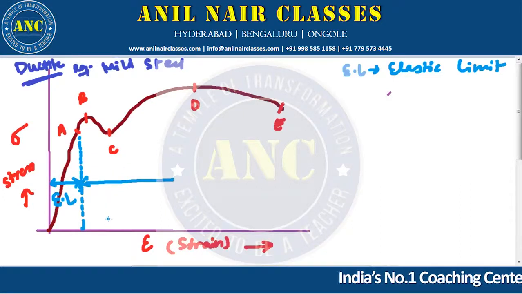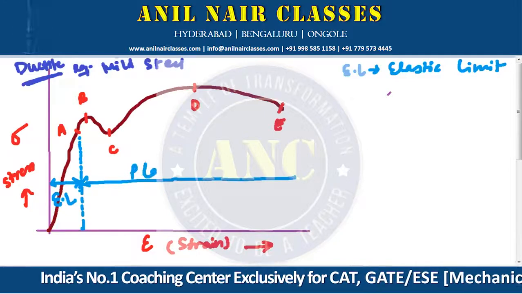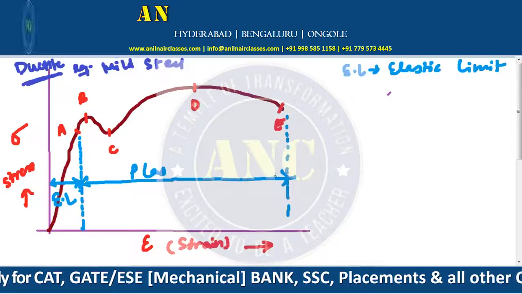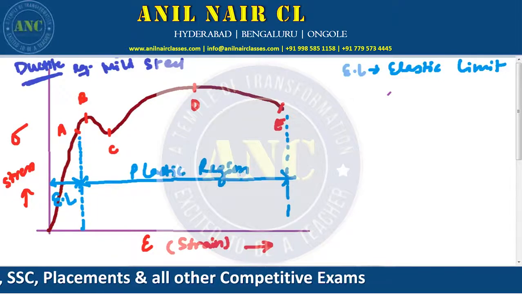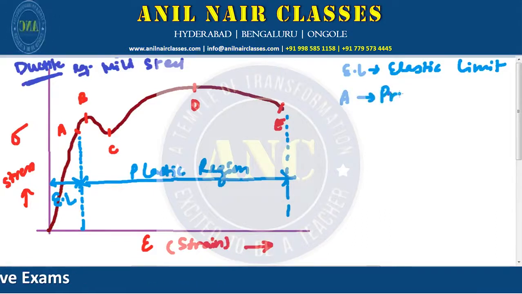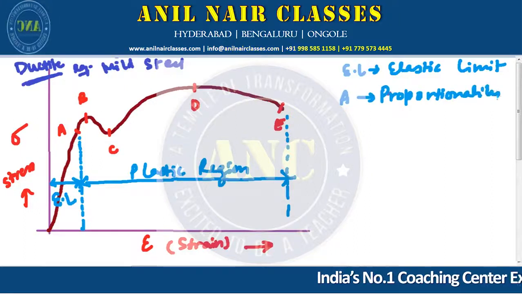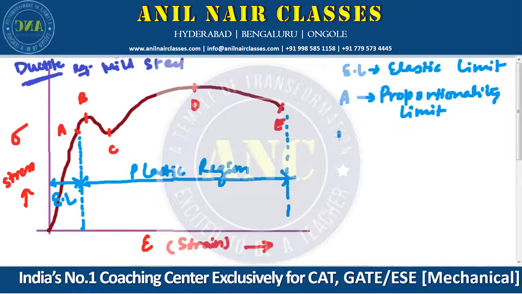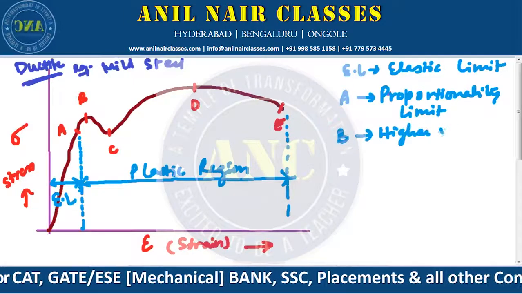Up to here it is yielding, but after this it is nothing but the plastic region. A is called the proportionality limit. B is called the higher yield point. I'll discuss what that is.